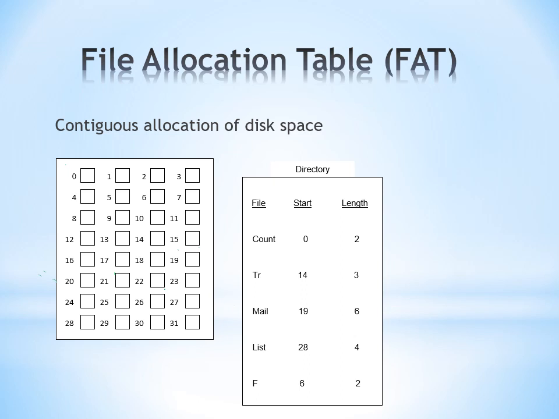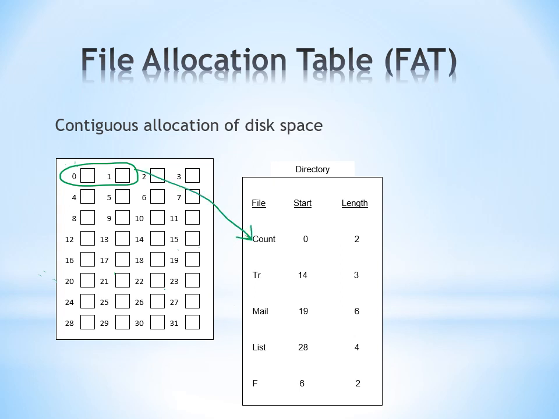For example, if we want to show how the file count is allocated in this contiguous allocation space, the file count will start at block 0 and the length is 2. So we can see the start block is block 0 and 1, so this particular block 0 and 1 will be allocated to the count.